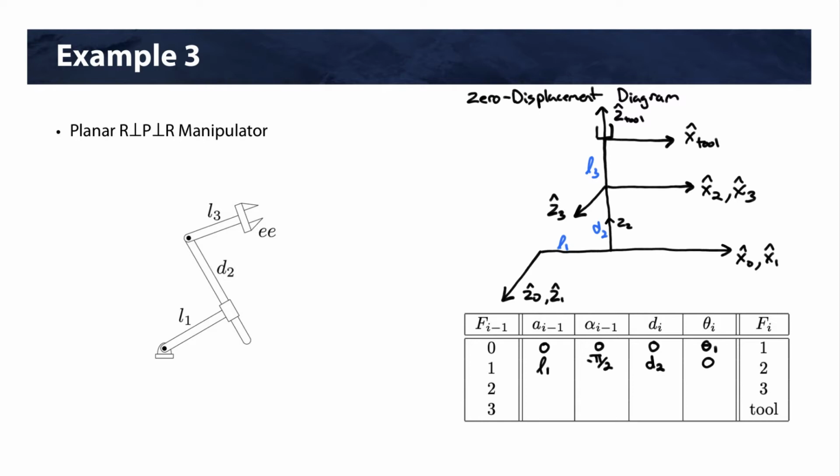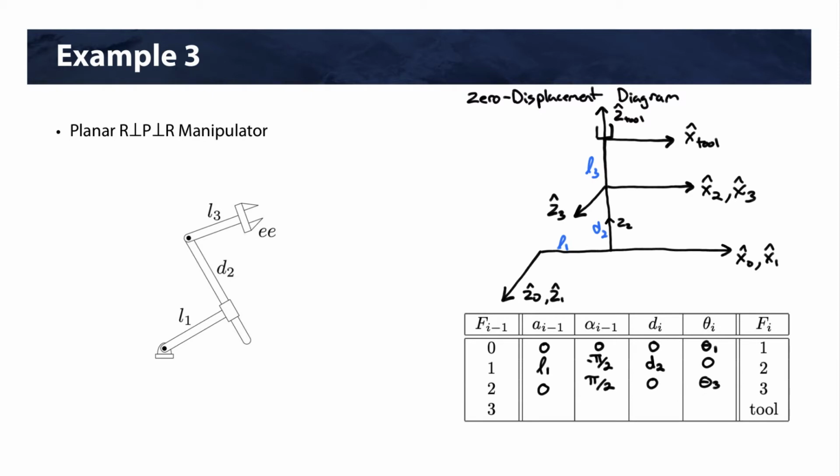2 to 3. All right, Z3 and Z2 intersect, so our A is 0. Z3 is perpendicular to Z2, and that's a positive 90-degree rotation about X2. So that's going to be pi over 2. There's no distance between X's, so that's 0.